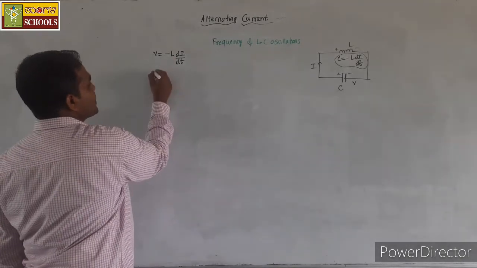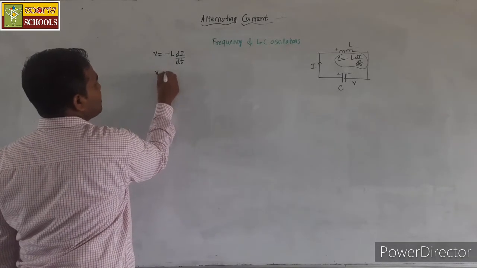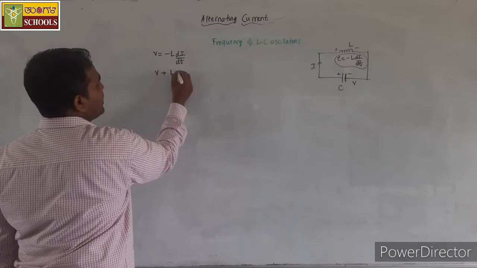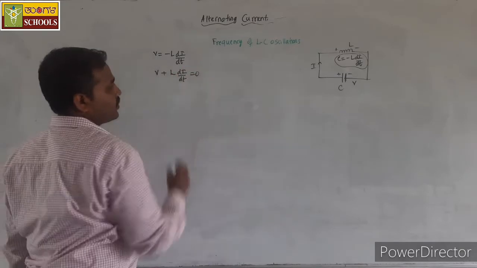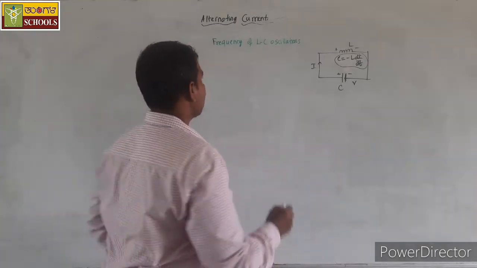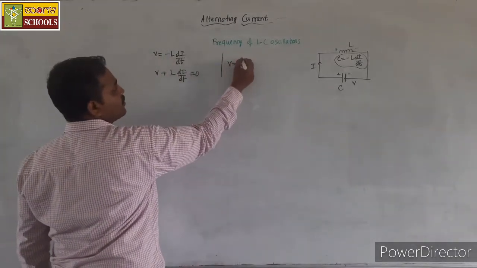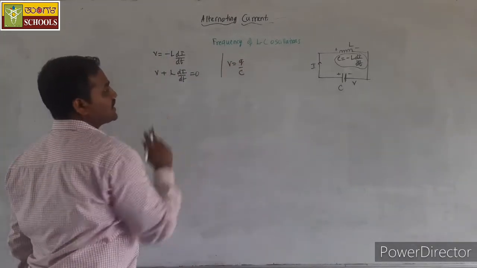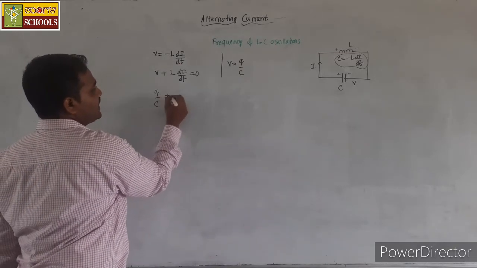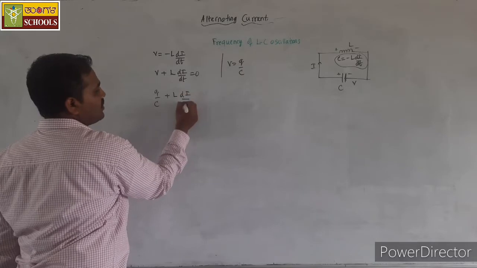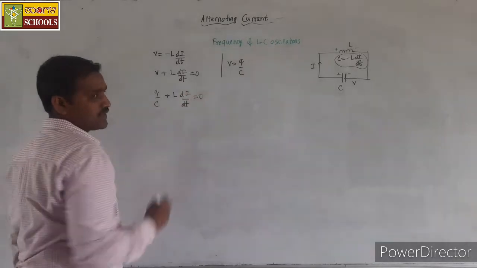The same equation I can write as V plus L di by dt equal to 0. For the capacitor I can write V equals Q divided by C. Substituting that here, I can write Q divided by C plus L di by dt equal to 0.